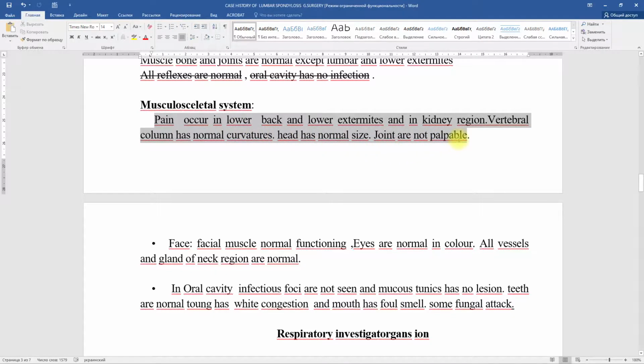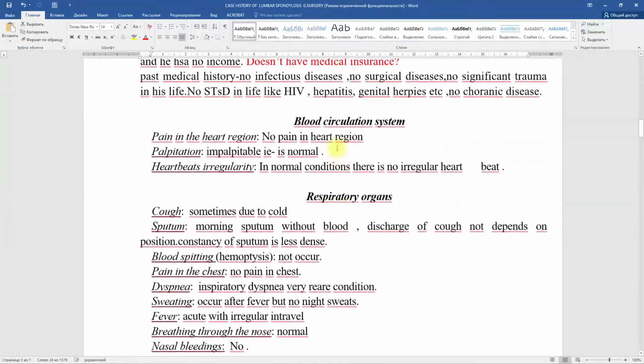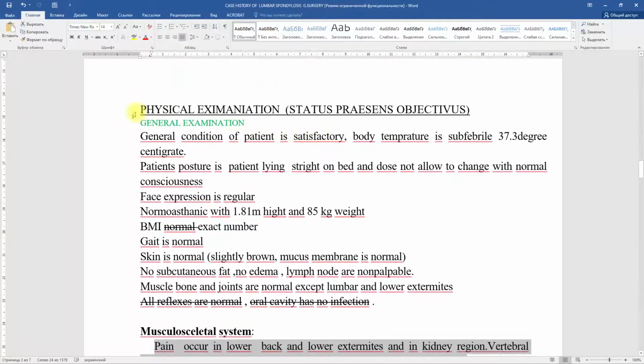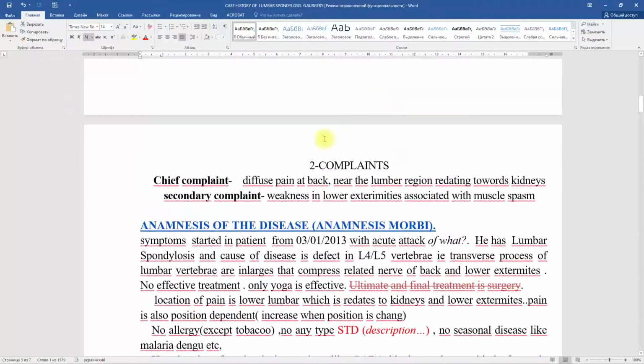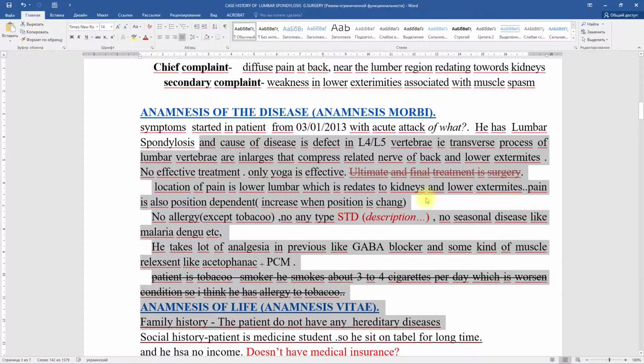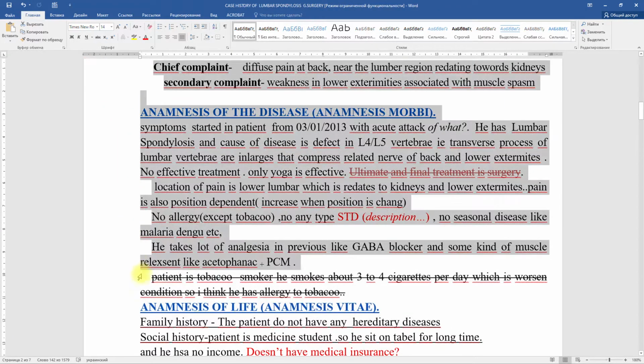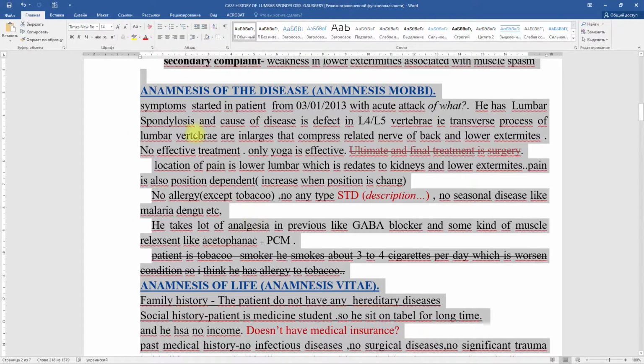When you're describing physical examination, you give objective information. All complaints were given here. Everything as a result of your interrogation with the patient was given here.